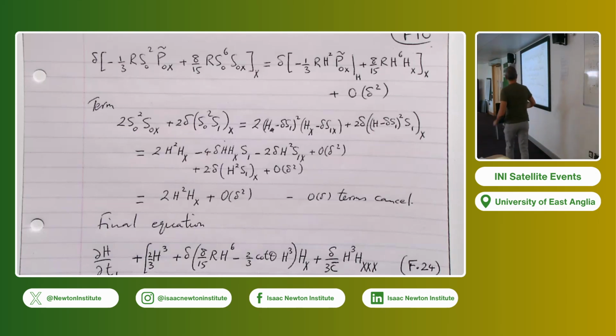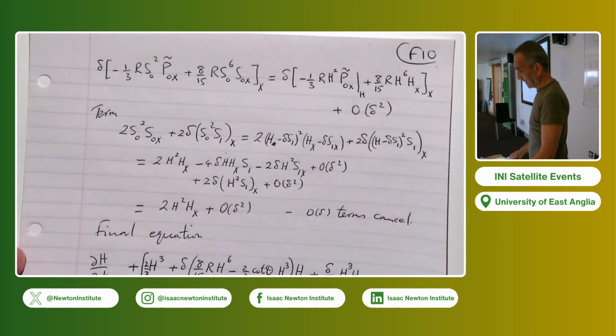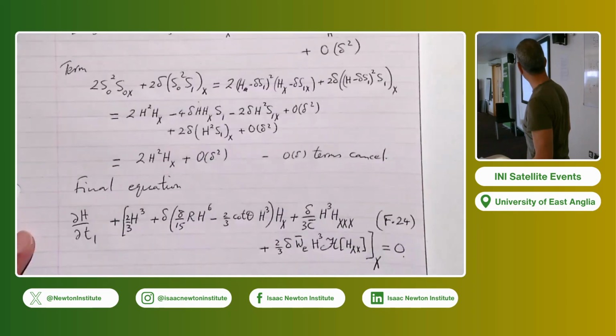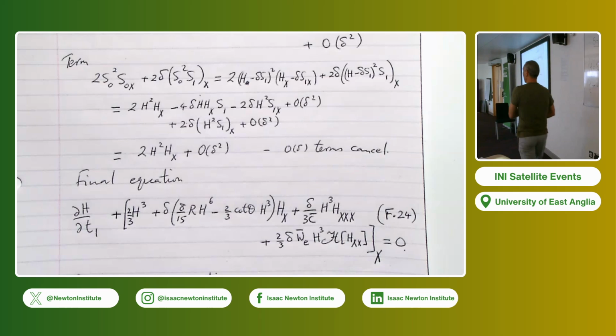And then you can show that it's exactly this plus order delta squared. So you can move everything to order delta squared and you get a single equation in h. And this is it, there. This is the single equation in h.